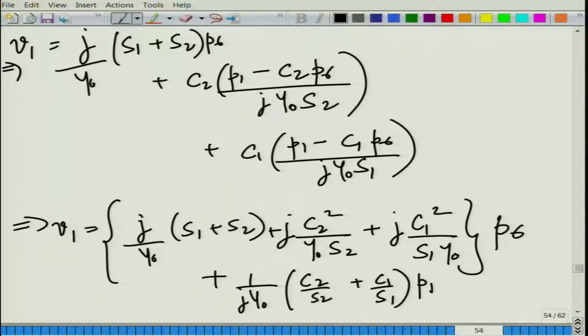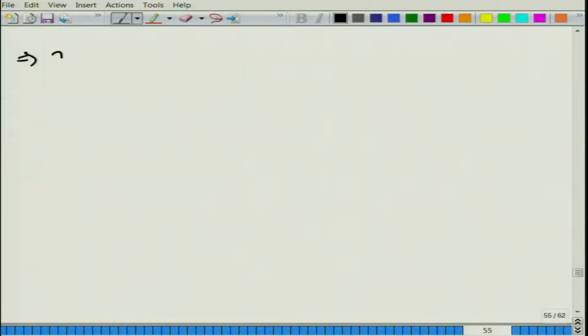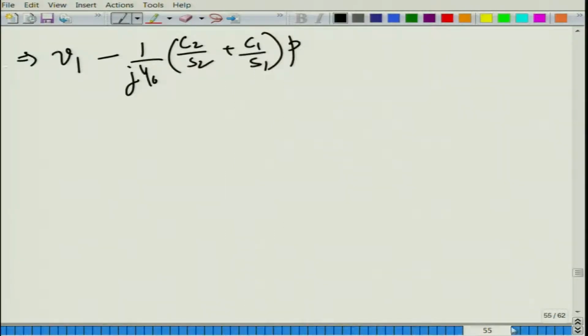These can of course be further simplified, and what we can possibly do is write these as V1 minus 1 by j Y naught into C2 by S2 and C1 by S1 into P1, and this is equal to the big expression here.